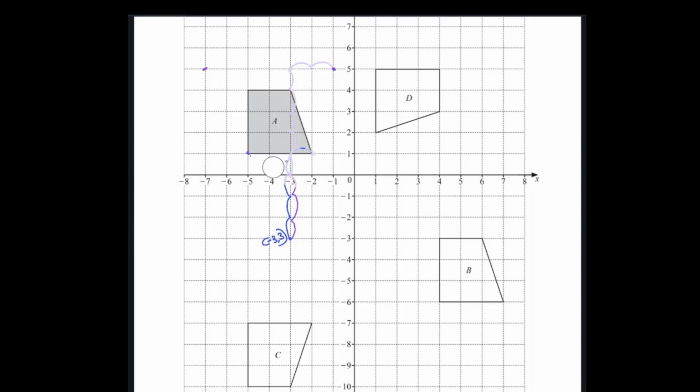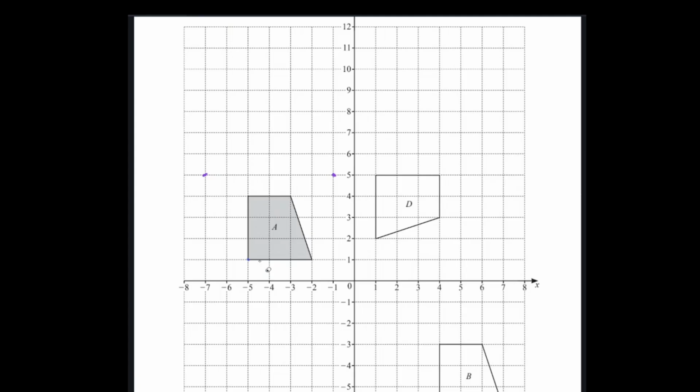So let me erase all this. Scale factor is 2, right? When you see the original shape, this vertex is 3 boxes above, so take 6 boxes above now: 1, 2, 3, 4, 5, 6. So this is the next vertex, and this is 2 boxes right, so take 4 boxes right: 1, 2, 3, 4.